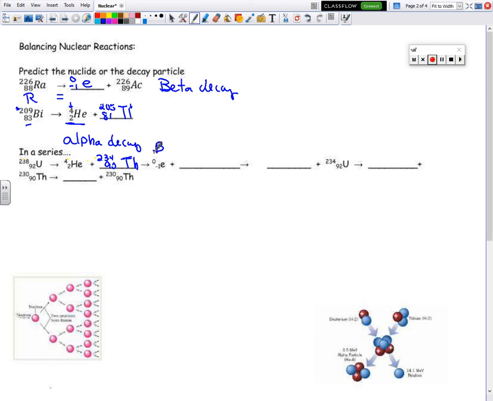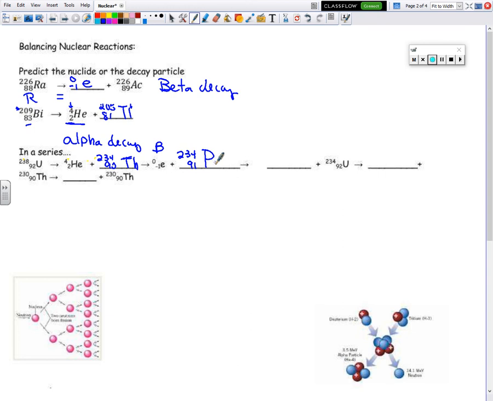The mass does not change, so 234 minus 0 is 234. Then we do 90 minus negative 1, which is really 90 plus 1. That takes us to 91, which I better look up.